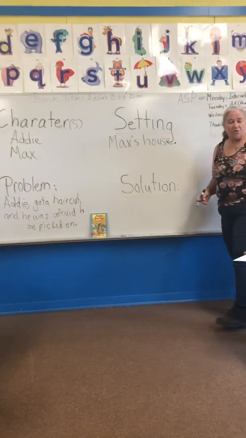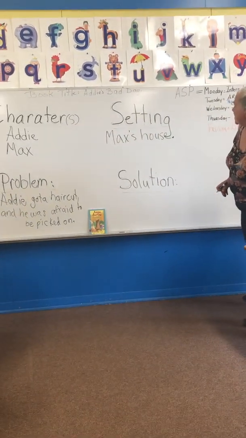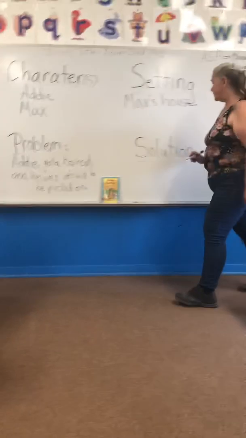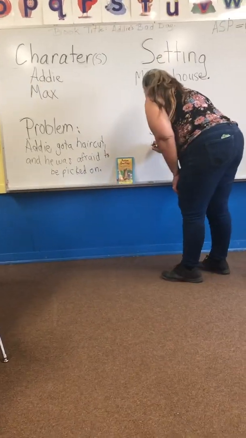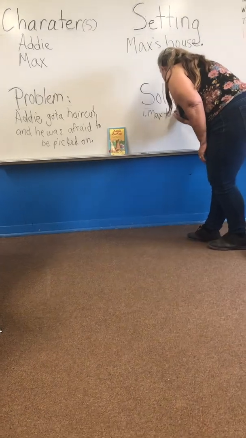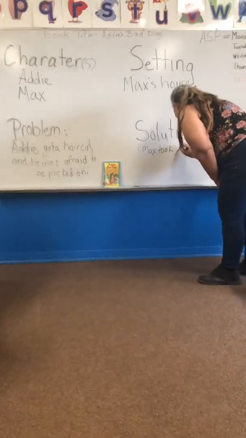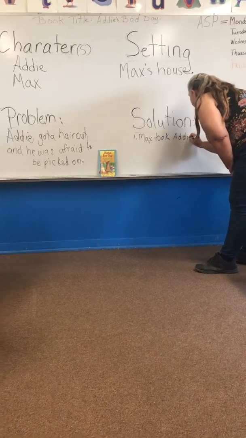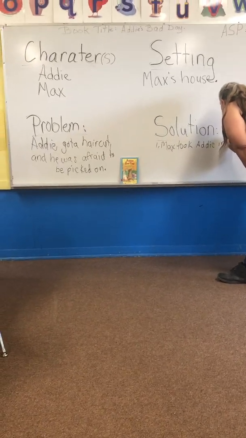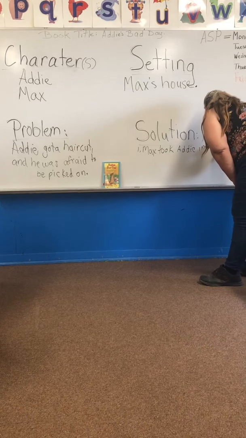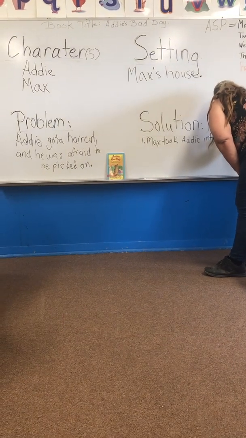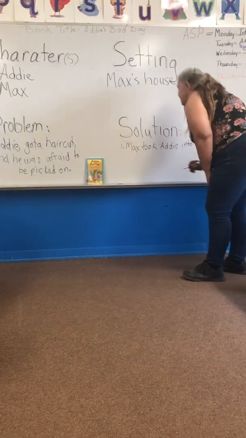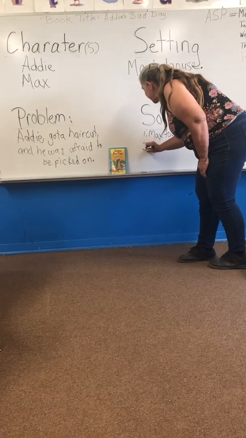Okay. So what the characters did was, one, Max took Addie into the room. Correct? That is the first part of the solution.